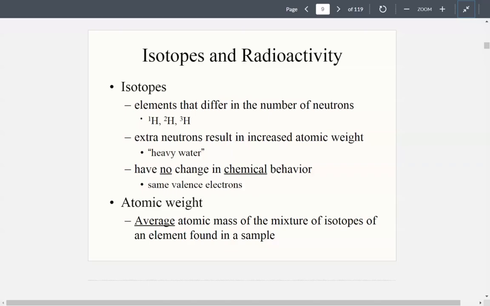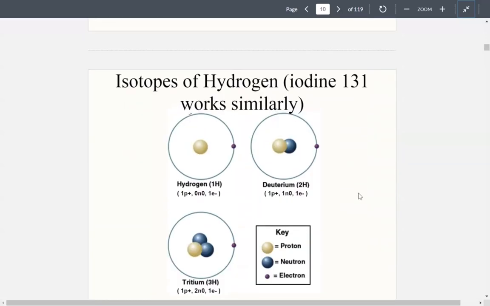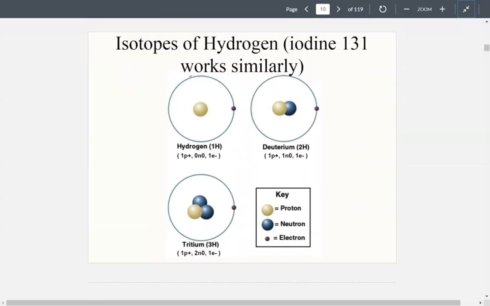But they took them, they weighed them, and that was the average. It was an average of 1. So in that sample size, you would have had isotopes with 1, 2, or 3 neutrons. Here's an example.